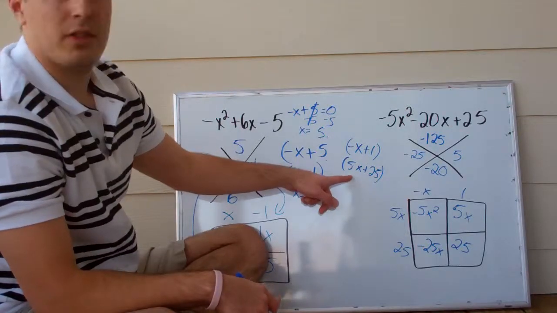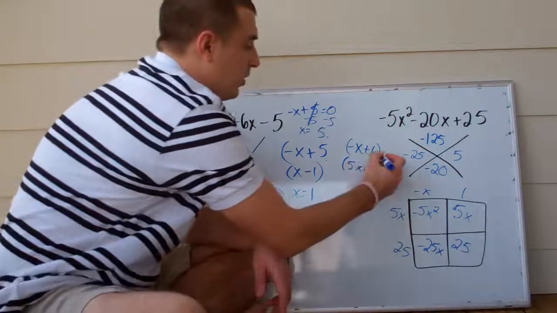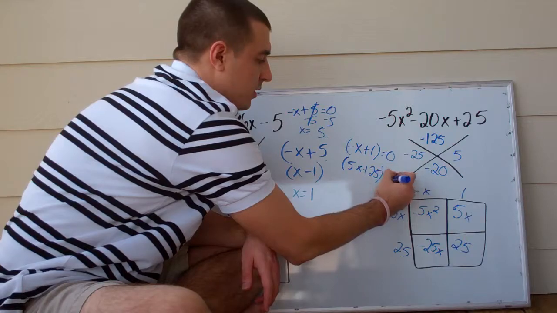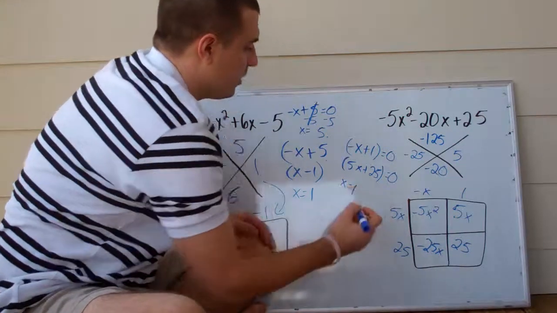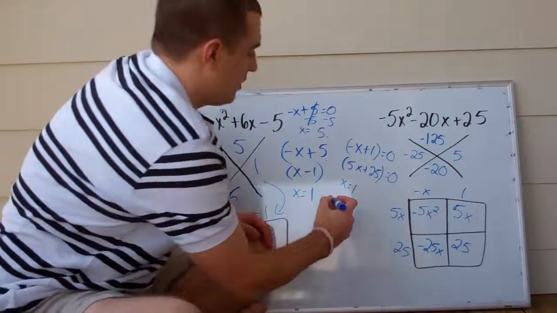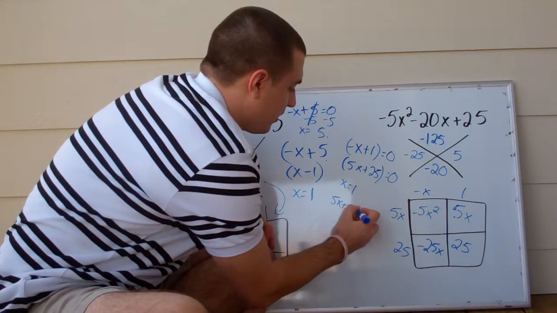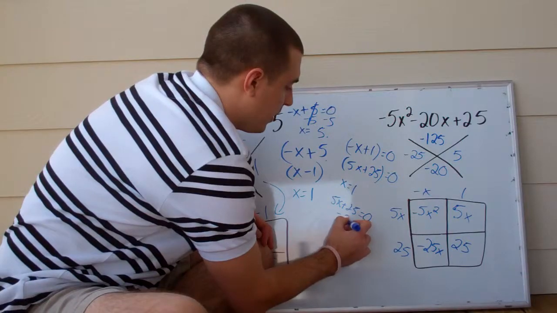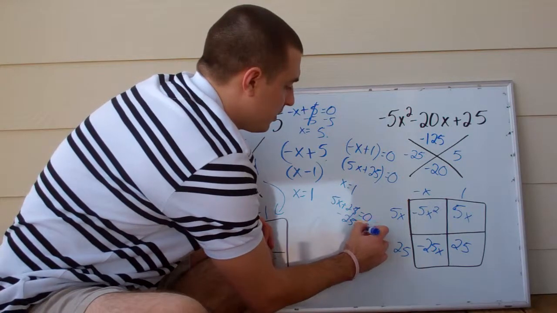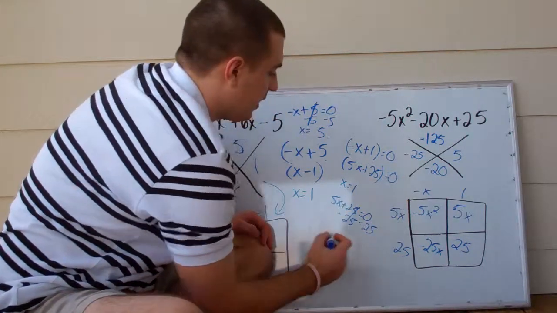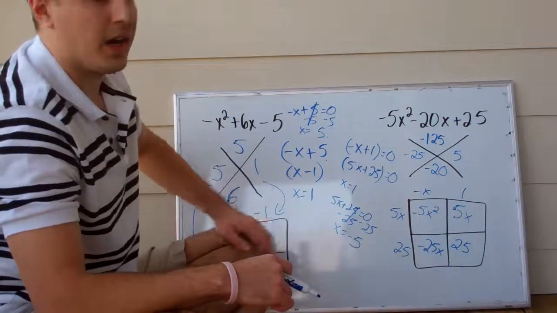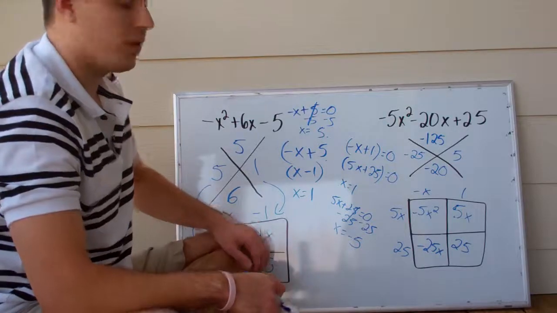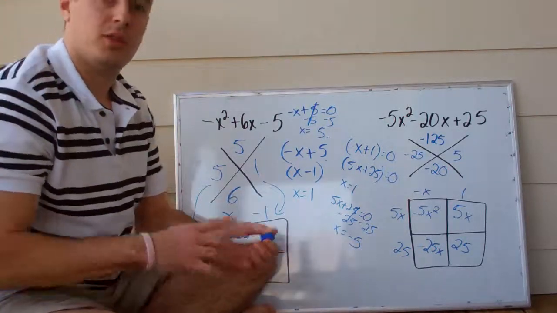So now, since we have our two factors, all we have to do is set them each equal to 0. And we get, I believe, x equals 1, and then, let's say 5x plus 25 equals 0, minus 25. Divide by 5, so x is going to equal negative 5 and positive 1. Alright, there we go. So that's factoring.